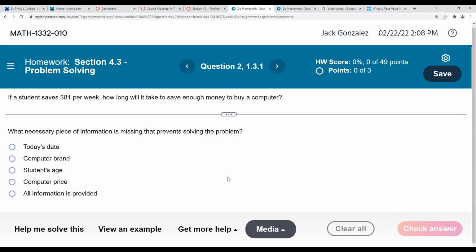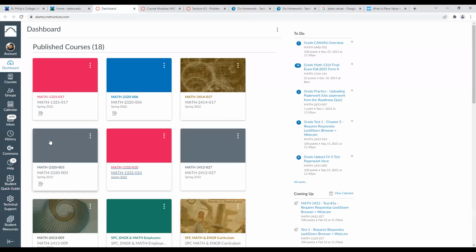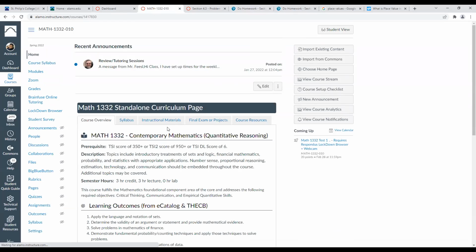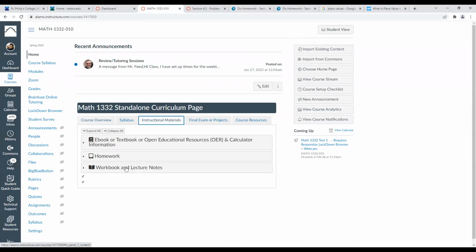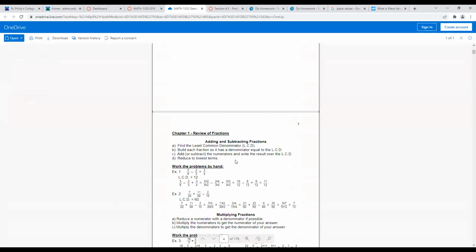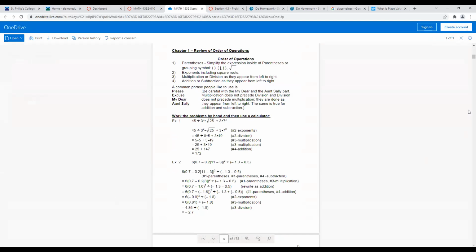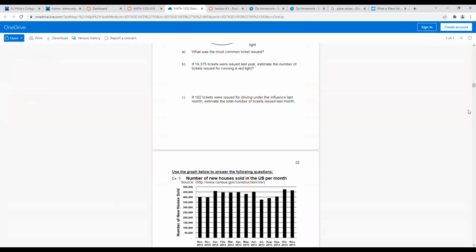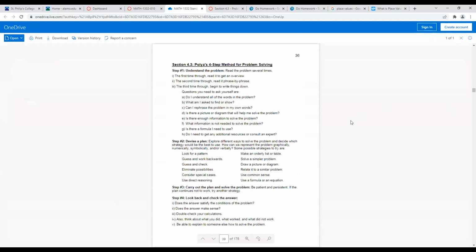So in the notes and in the workbook, they're going to have a step process for solving problems. Let me see if I can bring it up here. Yeah, it should be right there. This process will help if you struggle with word problems or just problem solving. These techniques will help get you used to it. Right here.